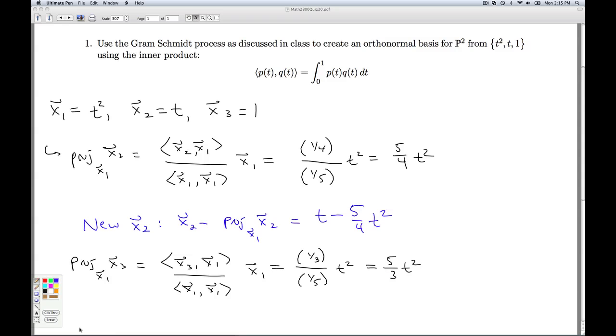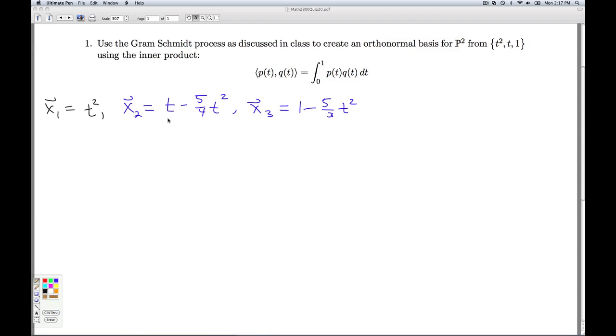So the new x3, that's x3 minus its projection onto x1, is going to be 1 minus 5/3 t squared. Now it's probably worth a moment of your time to check that this x2 is orthogonal to x1. If I multiply these two together and integrate from 0 to 1, I do get 0, and the same thing with x3 and x1.